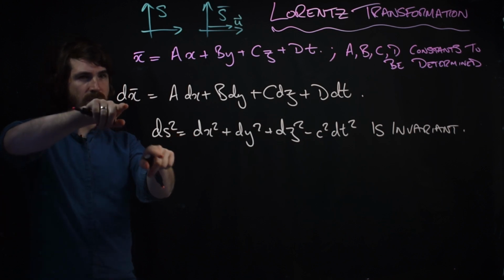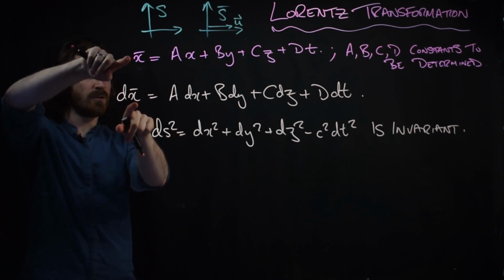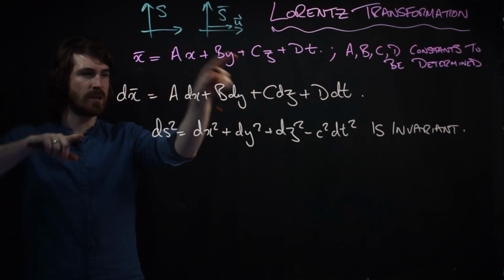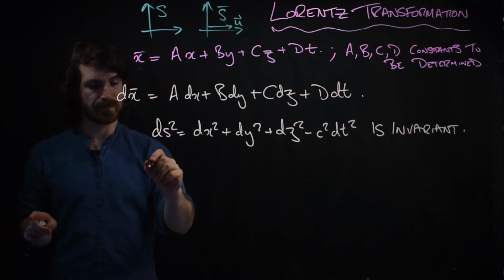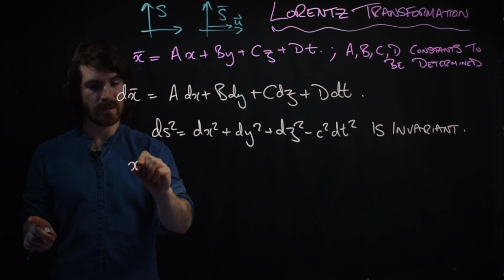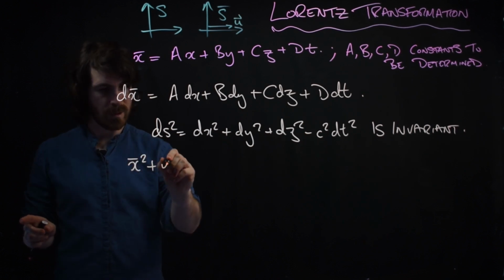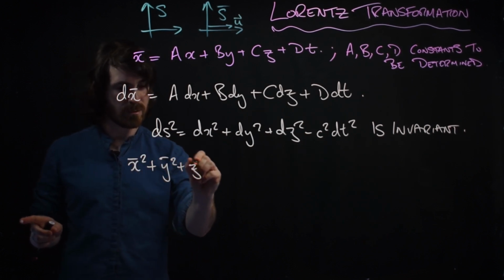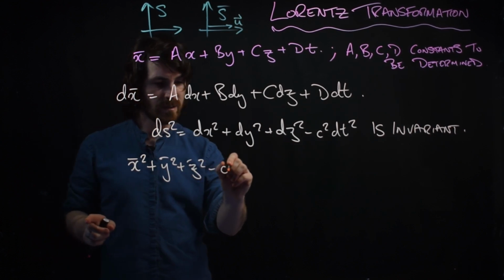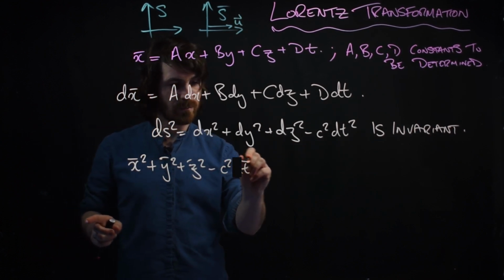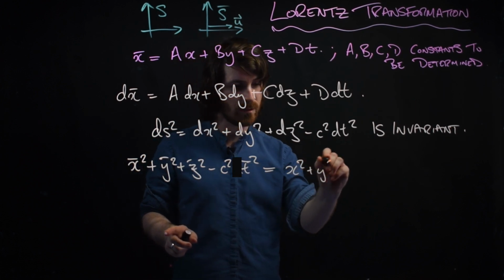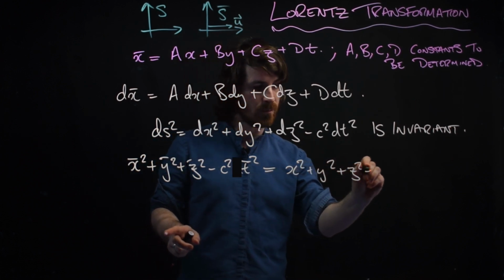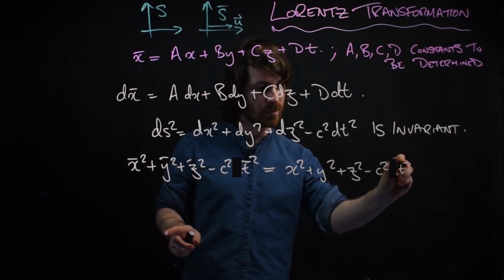But because the coordinate differentials and the coordinates satisfy the same transformation, this must be true for the coordinates themselves. So we must have x bar squared plus y bar squared plus z bar squared minus c squared t bar squared equals x squared plus y squared plus z squared minus c squared t squared.